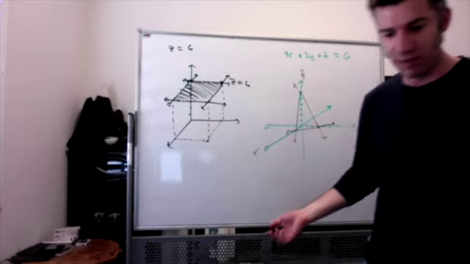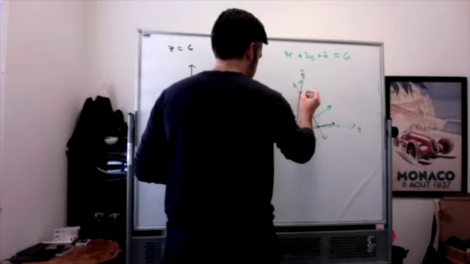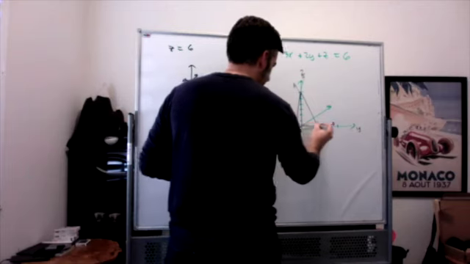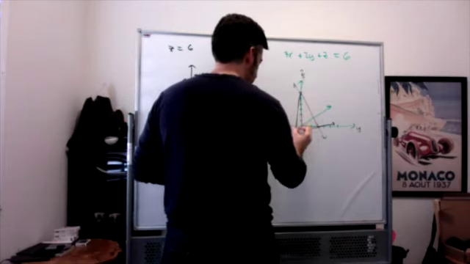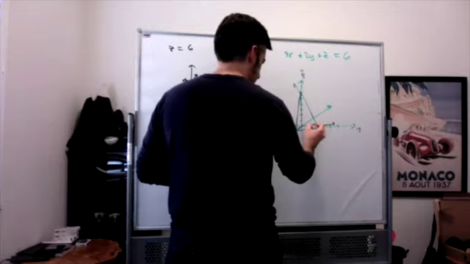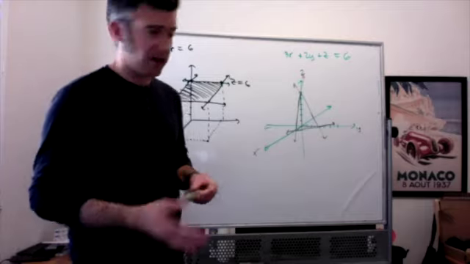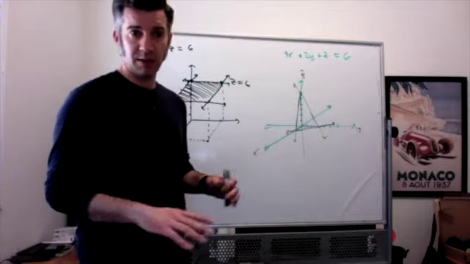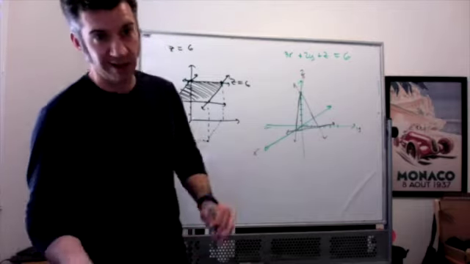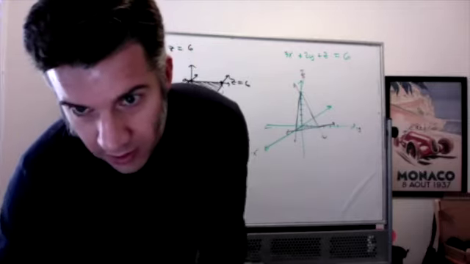So then you'd be looking at the volume of this tetrahedron. We have this little base here, and then all this stuff above it. That's not a question we're going to be answering in this class, but that's why you want to know what the first octant is, because people ask questions like that.